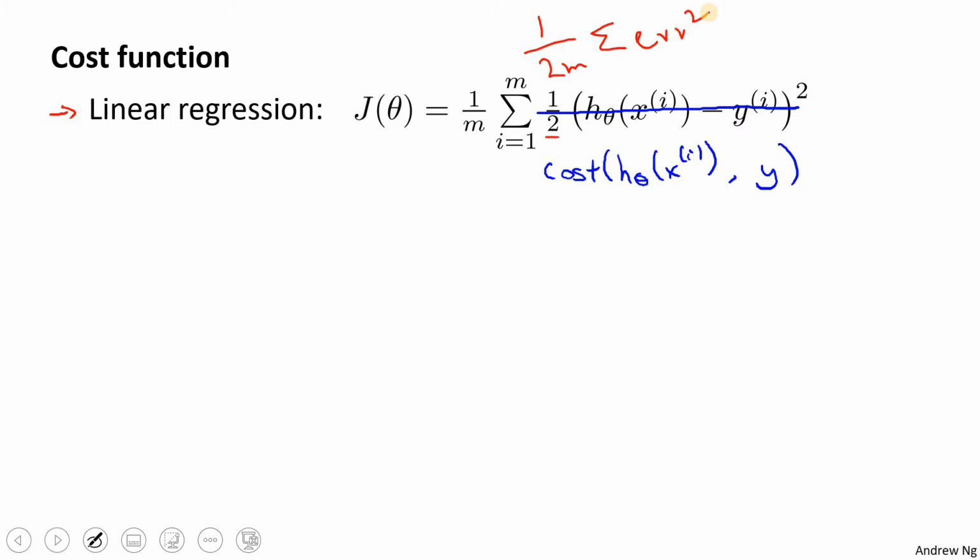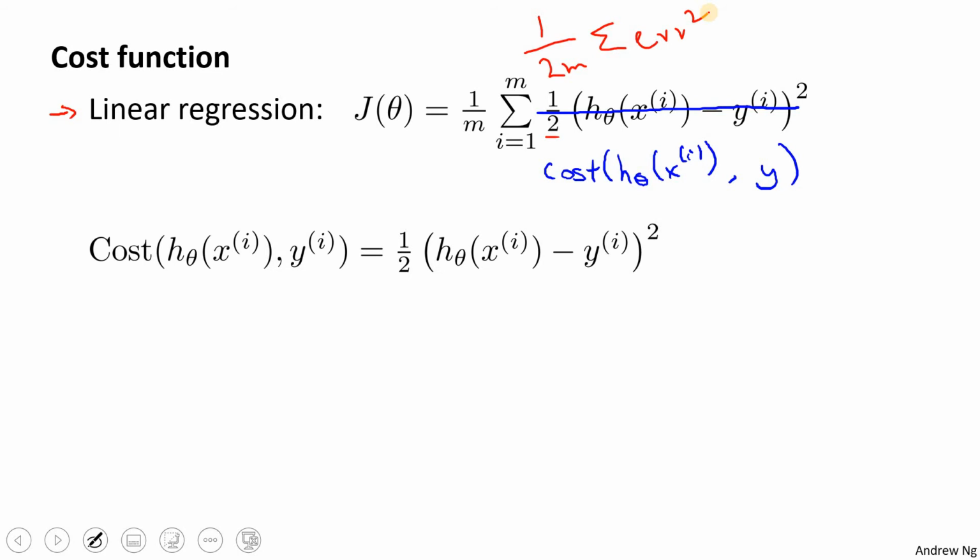The error is basically the hypothesis minus the y value, squared. We don't care if it is h minus y or y minus h. Same thing.